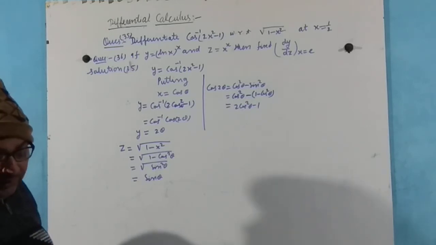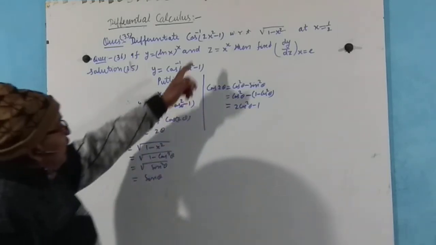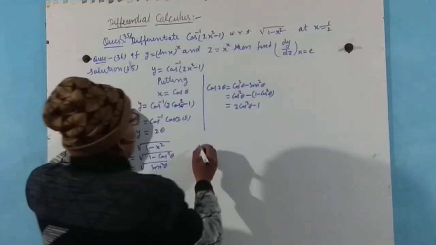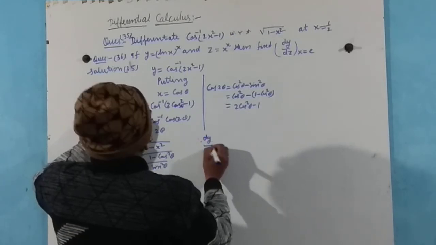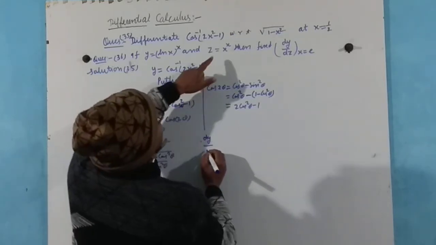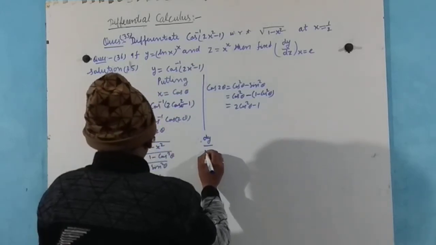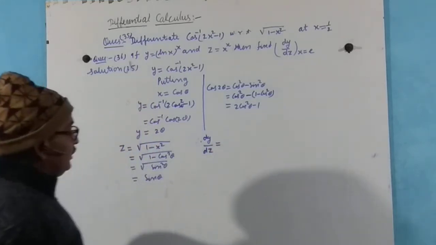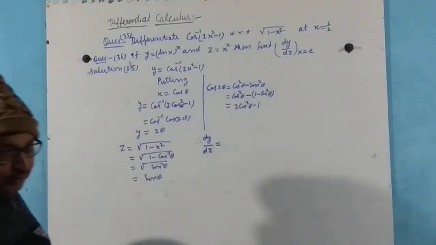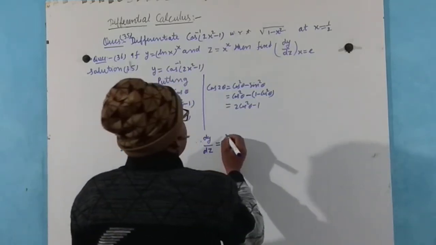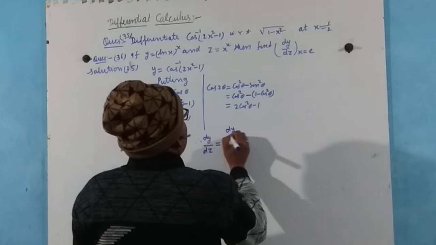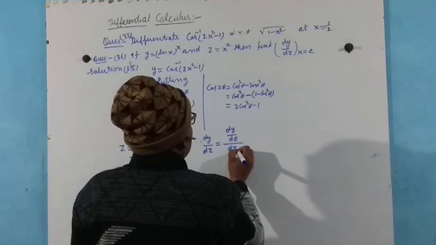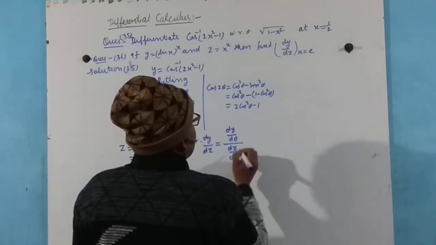We have to differentiate this with respect to this, and this is equal to y, so that dy by dz can be written as dy by d theta divided by dz by d theta, because theta is a parameter.